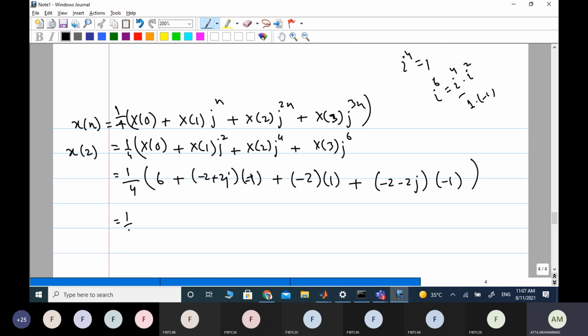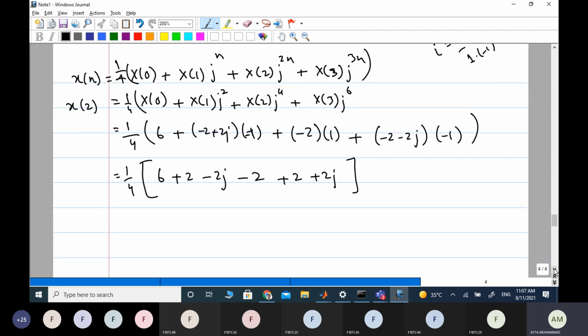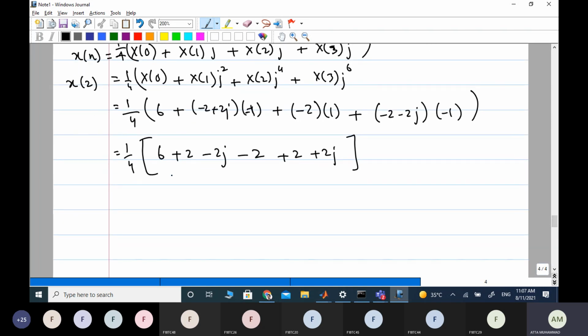Now solving it further, we have 6. Now this is -1, so minus into minus plus, so this becomes plus, minus into plus is minus, plus into minus minus, and minus into minus plus. Okay, I hope I am on the right track, otherwise we will see in a minute.